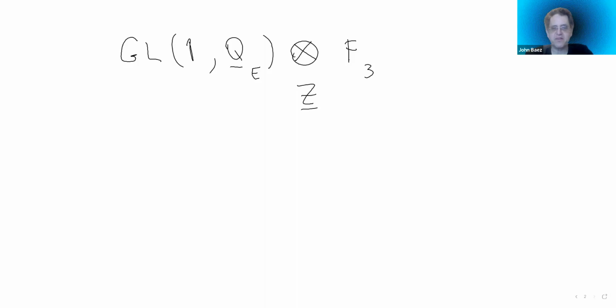But there's a real and an imaginary part, and it's sort of like negative on the imaginary part. So I'm just trying to figure out how Eisenstein conjugation acts on GL1 of the Eisenstein field, and it seems like it's separately acting.